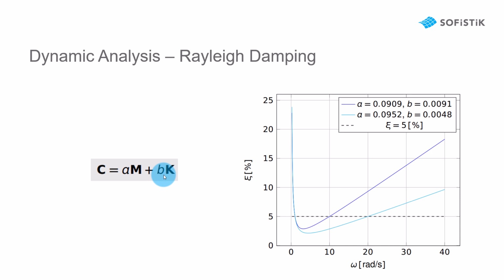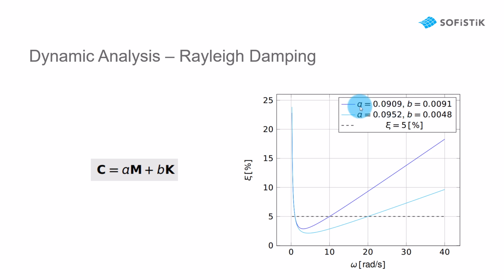In the example on the right, we can see the damping ratios for two sets of factors A and B plotted over the frequency, here depicted in the form of the angular frequency. A and B can be calculated such that the desired damping ratio is matched at two given frequencies.